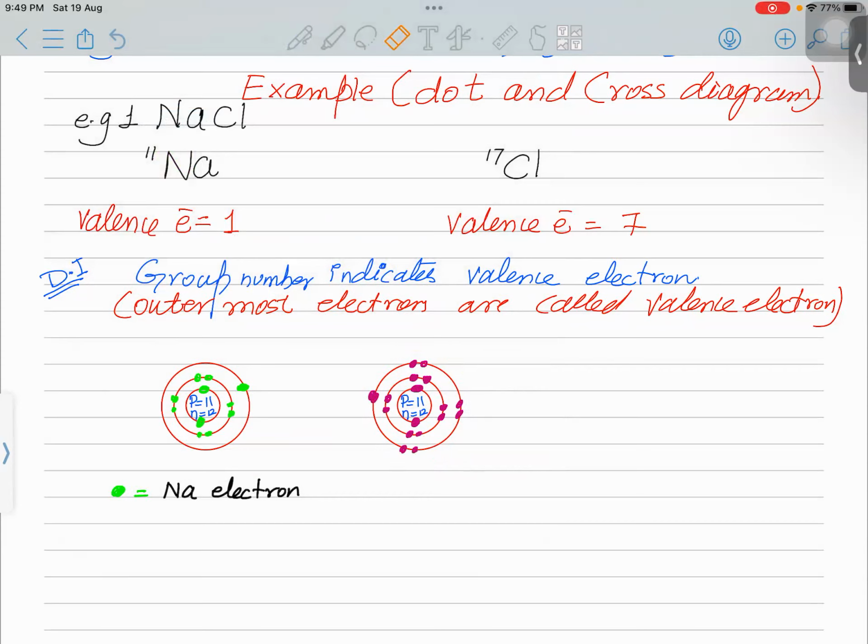In the valence shell, you have 7 electrons. So it's better to make a cross, right? Because we have written a dot and cross diagram.